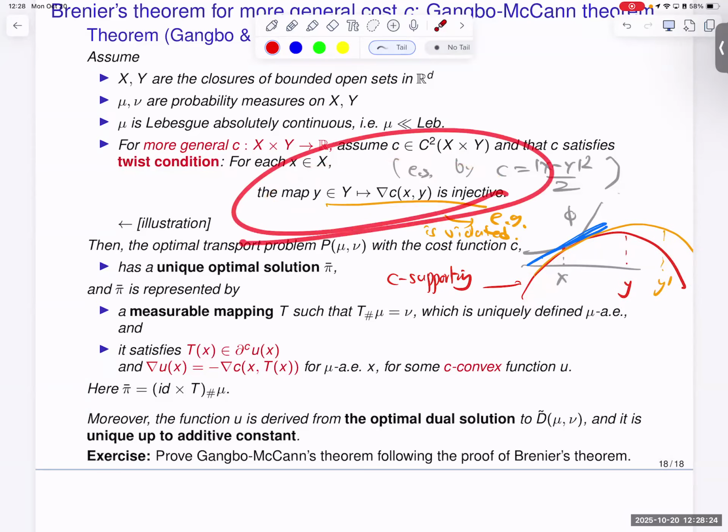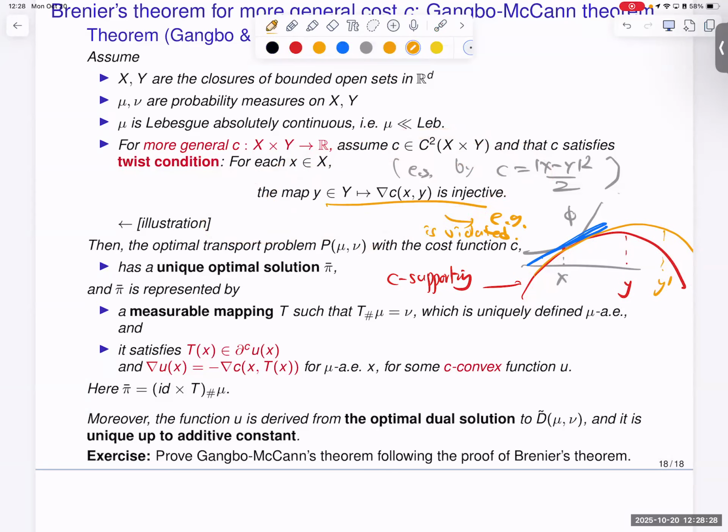But once you have such a condition, which can be satisfied by many functions like this power function with p bigger than 1, and many others, you have this Gangbo-McCann theorem. Sorry for going over time.